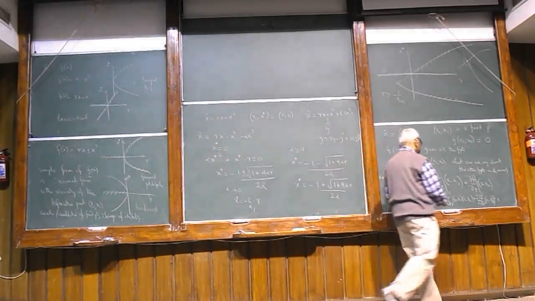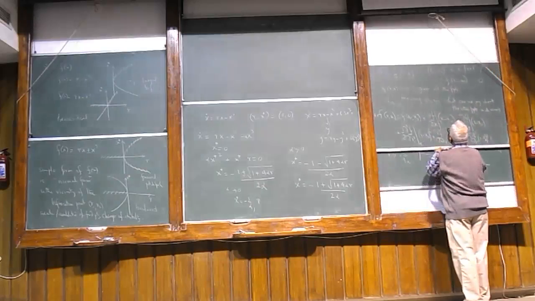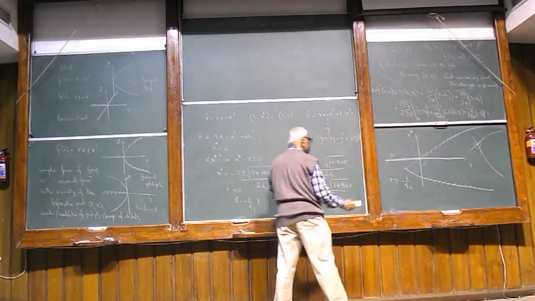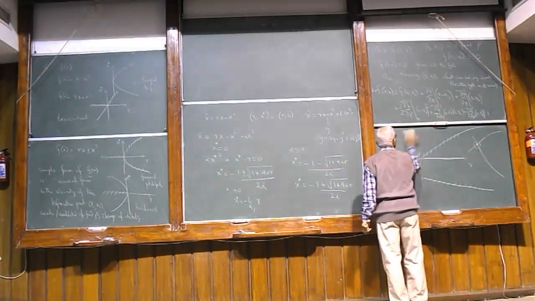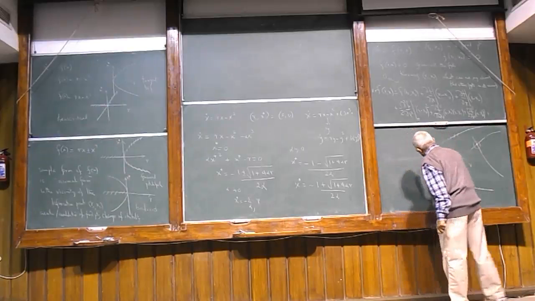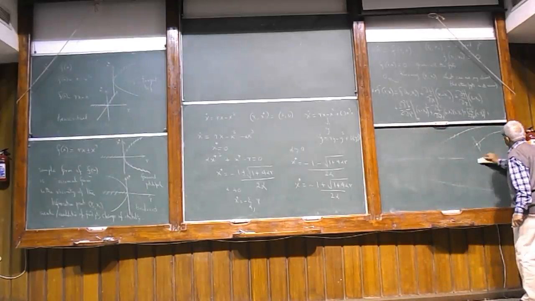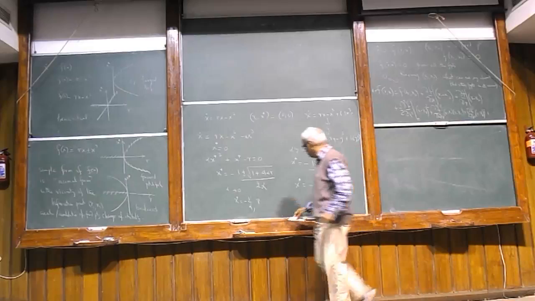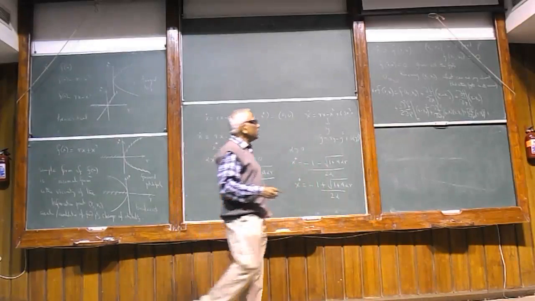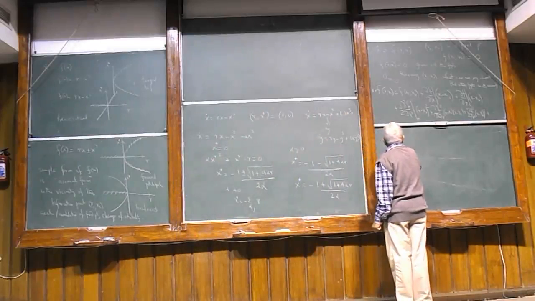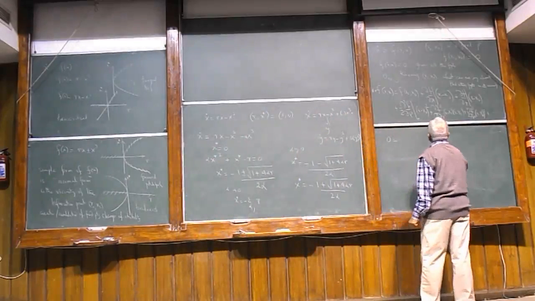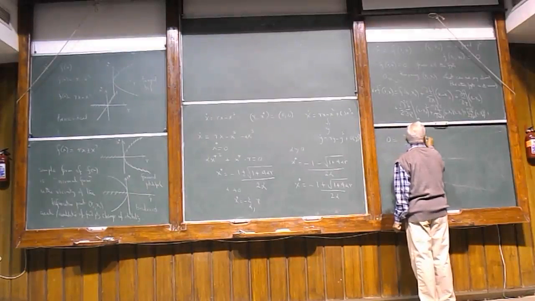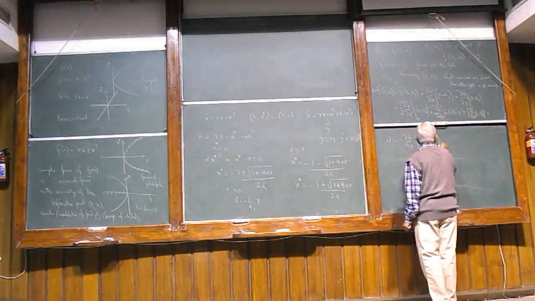So the first term is 0 by definition. So 0 is equal to ∂f/∂x at 0 times (x minus x_0).